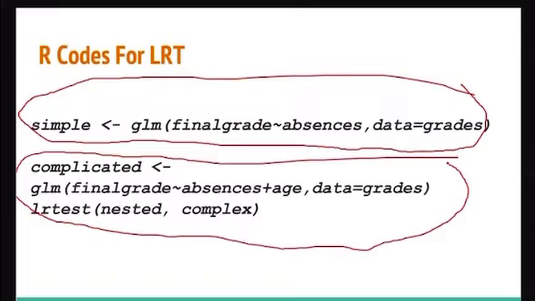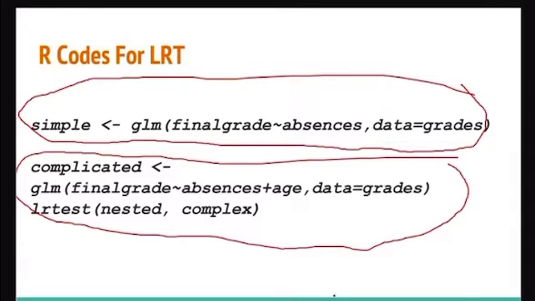Now, this is very similar to what we did in linear regression, where we used the partial F-test, right? We use the partial F-test when you are comparing a simple model with a complicated model, and the code was anova of simple, comma, the complicated. But in the case of logistic regression, the analysis is the likelihood ratio test.